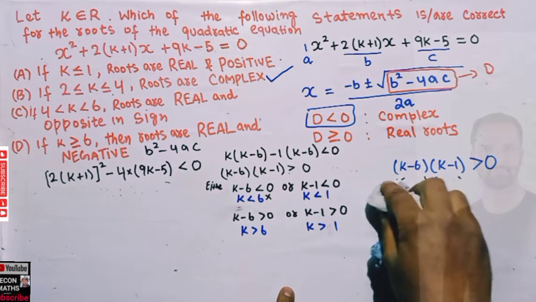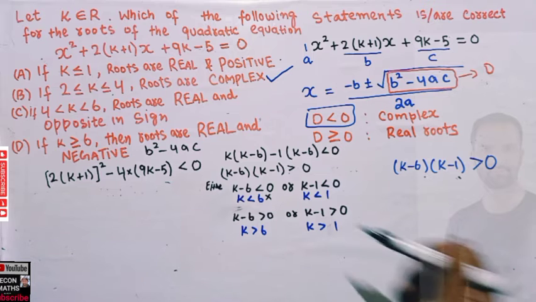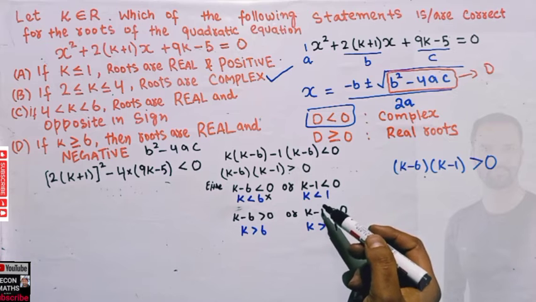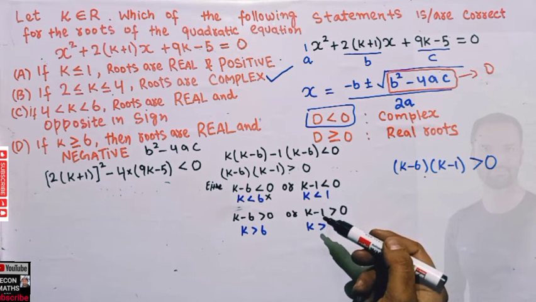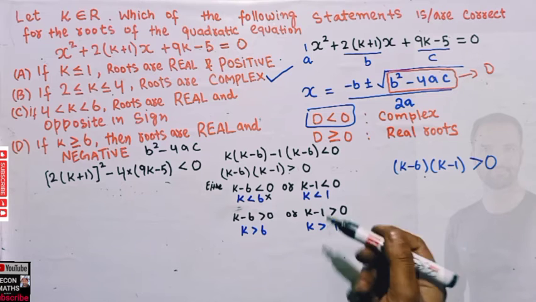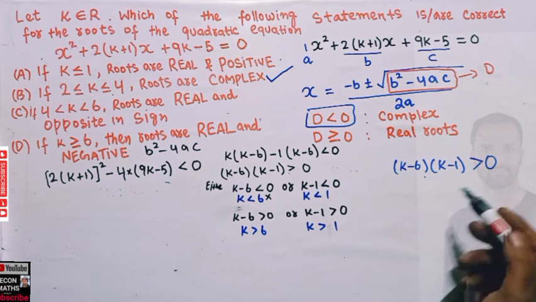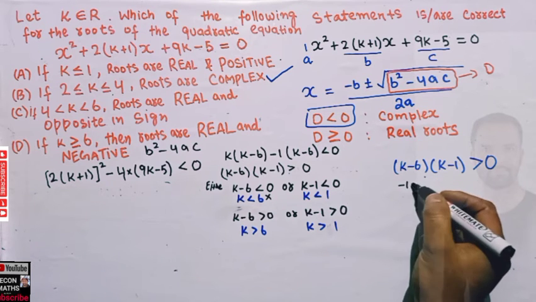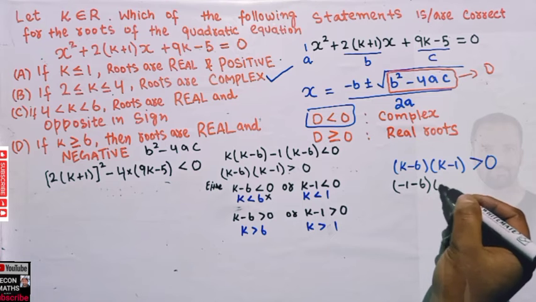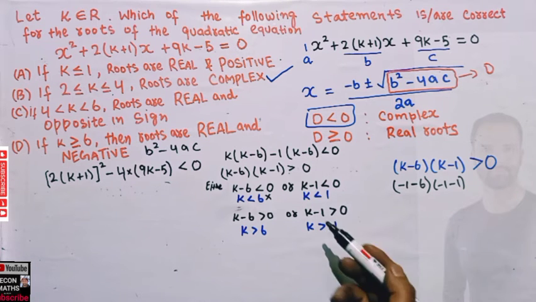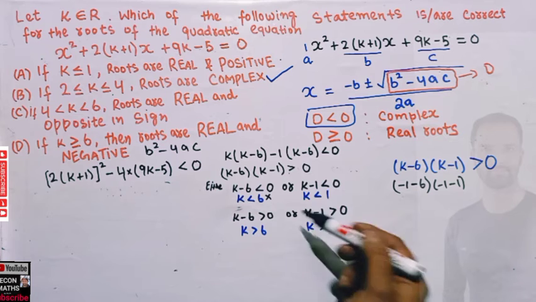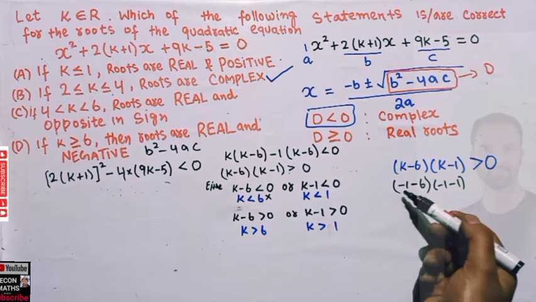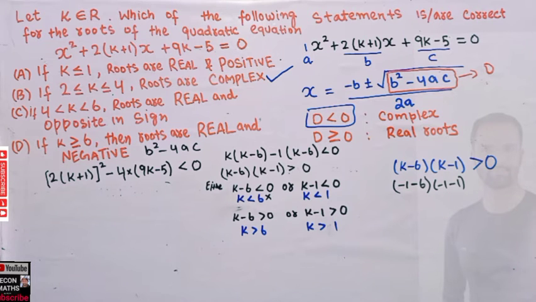Let's see whether k less than 1 will satisfy our relationship. What is a number which is less than 1? Let us say 0, or you can take any number, let's say minus 1. So in place of k we have minus 1. I could also take 0, but I have taken minus 1, it's my prerogative.